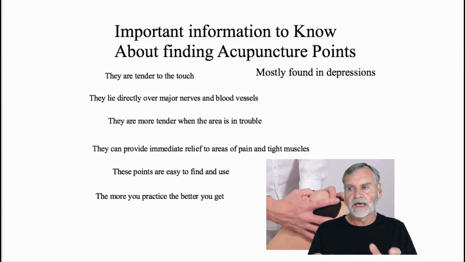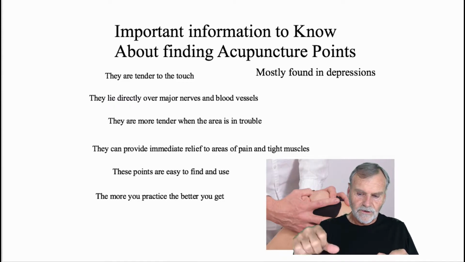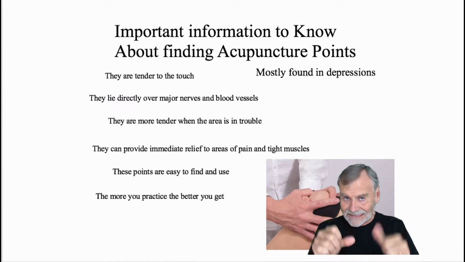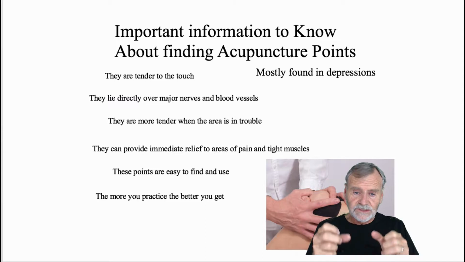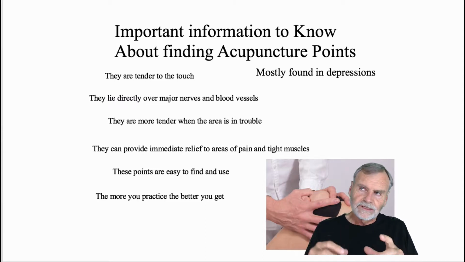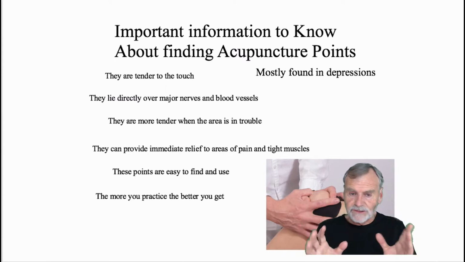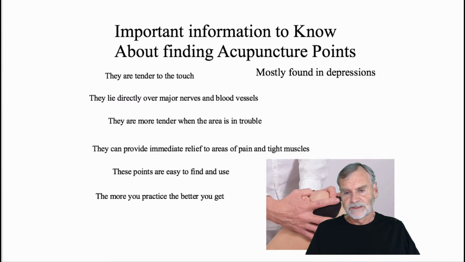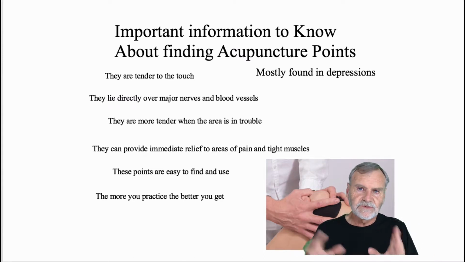That means that the area of the body where there is a groove or your finger sinks in very easily is generally where the acupuncture points are. And they lie directly over and are connected into major nerve trunks, major nerves, blood vessels, lymphatic materials, all of those key things that keep us functioning.